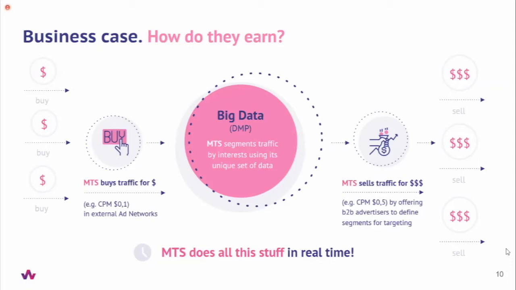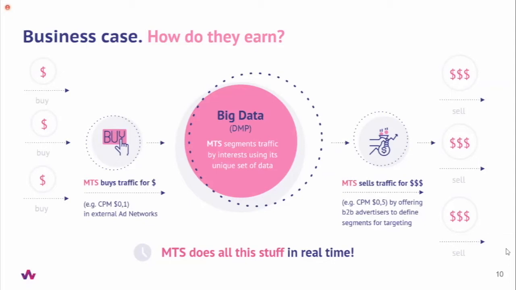And then they allow advertisers to create and manage advertising campaigns on this inventory in these external ad networks using their data segments. So that's why they can sell this inventory at a much higher price than they buy it.